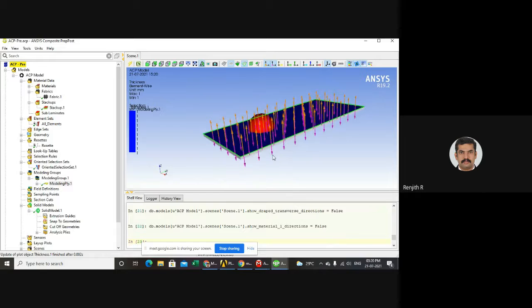So this is the normal direction and this is the orientation, and you can also show the fiber direction, and you can also show the oriented direction. This represents the oriented direction, that is the vertical one. Fiber direction, actually when I created this one, it is in the opposite direction. I just wanted it in the horizontal direction, but unfortunately it's in the perpendicular direction.